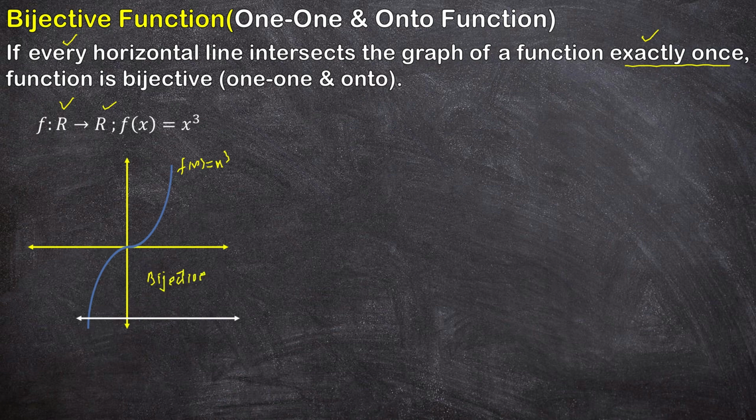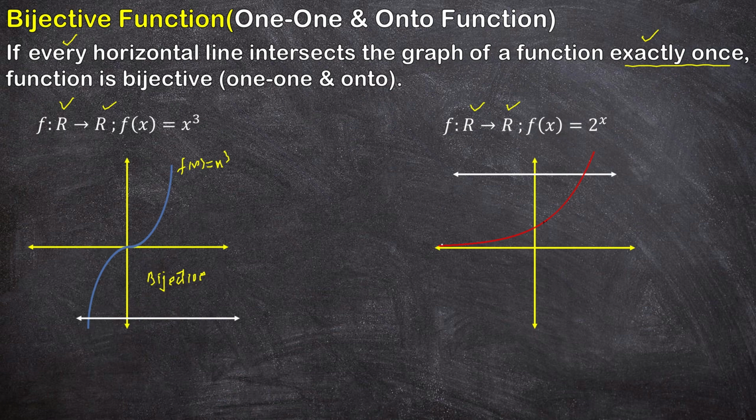Now we take another example. f from R to R defined by f of x is equal to 2 to the power x. The domain and codomain of this function is also the set of real numbers. Let's draw the graph of this function. Take a horizontal line and move it.